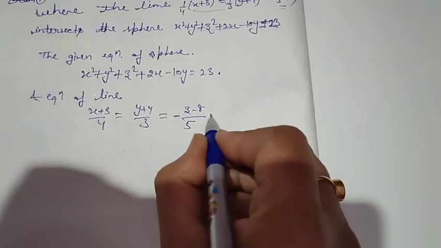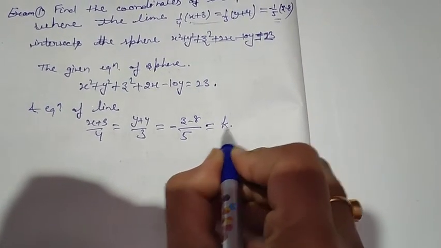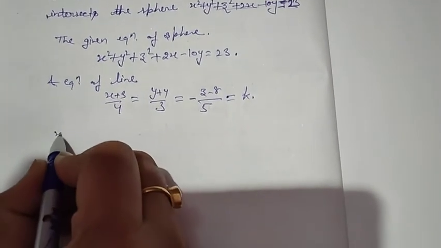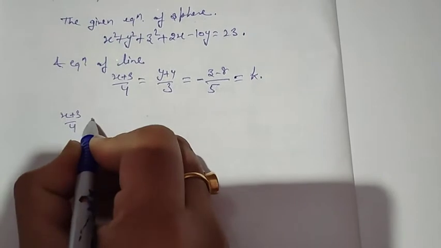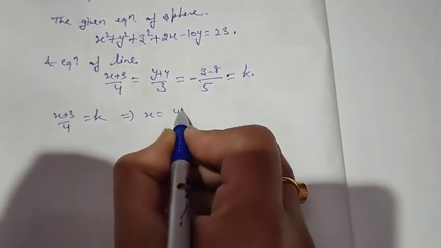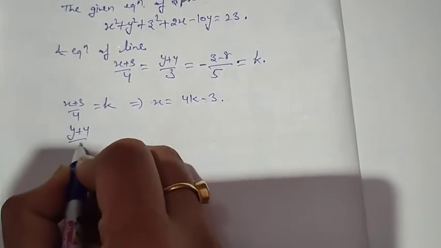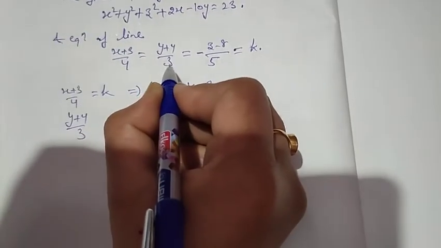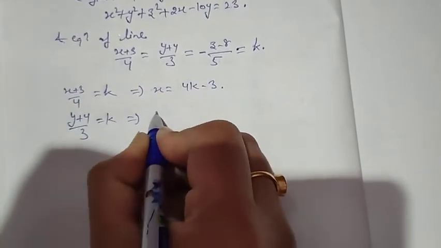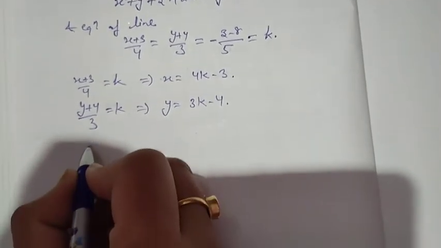Let this straight line be equal to a constant k. Then first we put (x+3)/4 = k, which implies x = 4k - 3. Then (y+4)/3 = k, which implies y = 3k - 4.